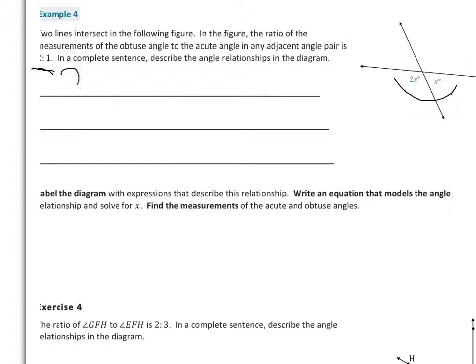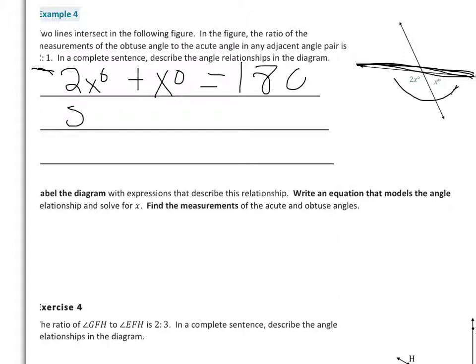So 2x degrees plus x degrees, what's that going to equal? Well, they're supplementary, right? Because we're on a straight line. Here's a straight line right here, and they equal 180 degrees. So the angle relationship, they are supplementary.